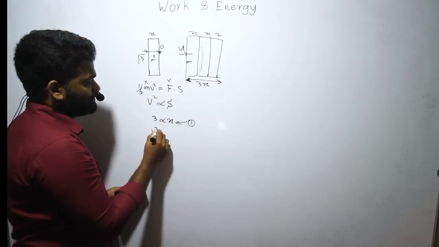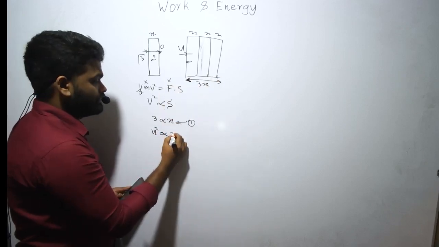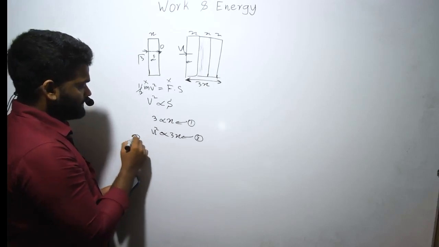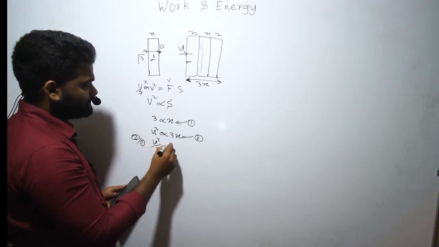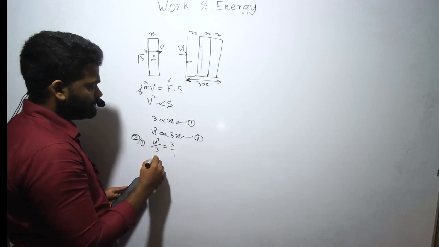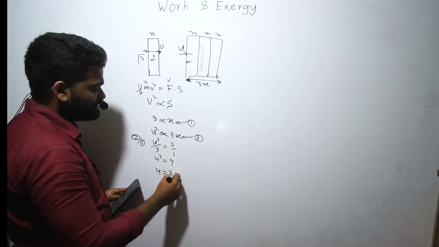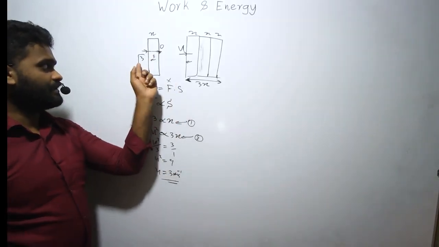So u square is proportional to, now you have 3 times 3x, second divided by first. So u square divided by 3 equals 3 divided by 1. So u square is 9. So u is 3 meters per second. So here the speed required is 3.